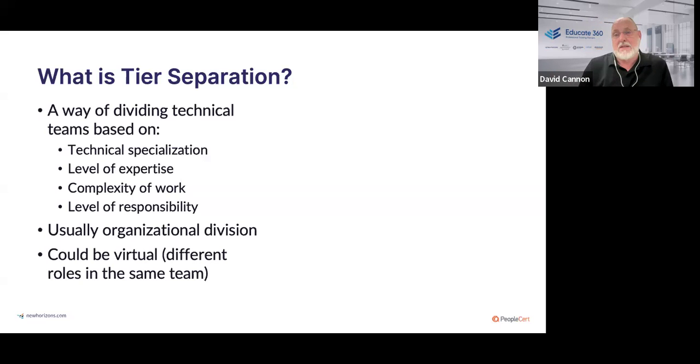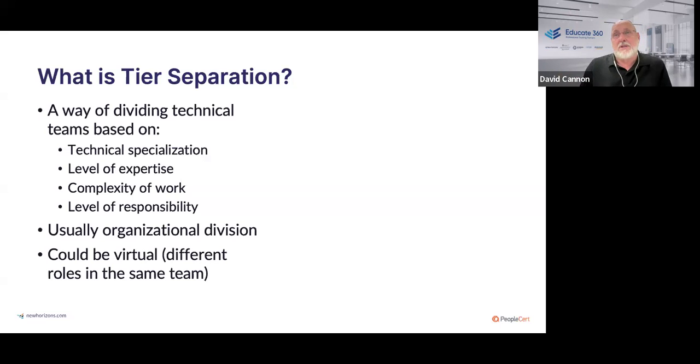So this could be a technical specialization. The more technically specialized you are, the higher the tier that you will be put into. The more expertise and experience you have, the higher the tier. If you're working on very complex work that requires a lot of interface at a very technical level, you would be working at a higher tier.